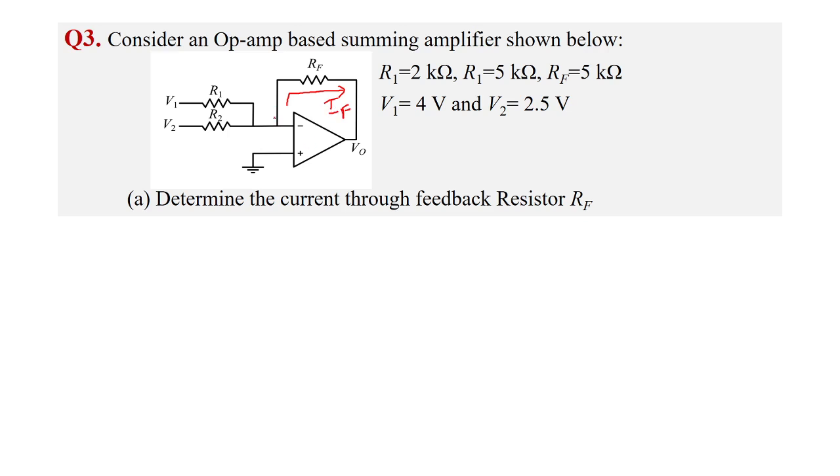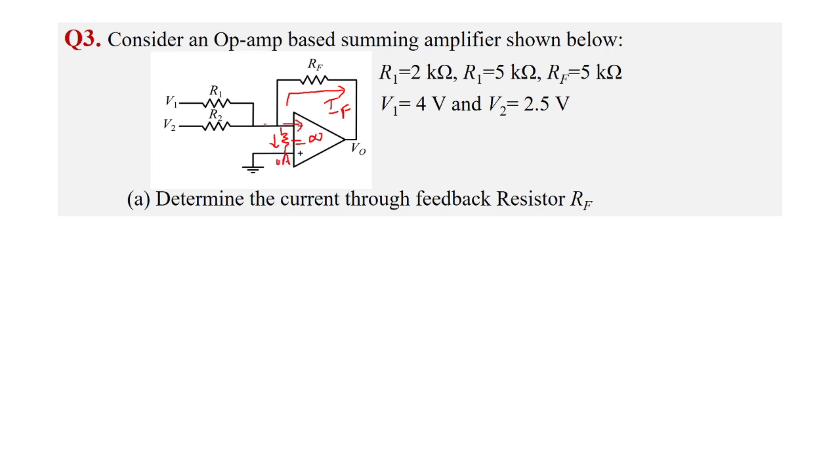Since nothing has been mentioned about the op-amp, whether it is ideal or non-ideal, we can consider this an ideal op-amp. For an ideal op-amp, the input resistance is infinity, not approximately, it is infinity. So the current into the input terminal is 0 ampere, right? So there is no current flowing in this direction.